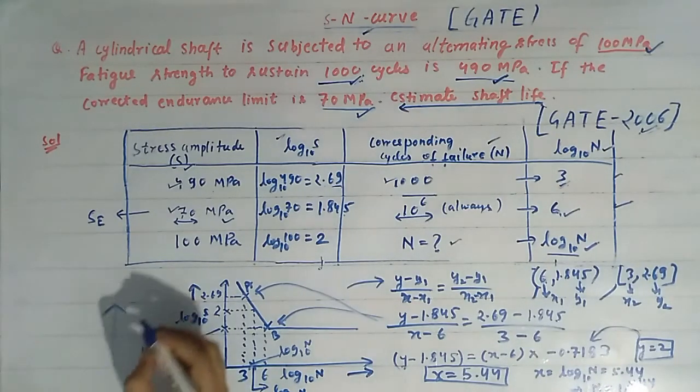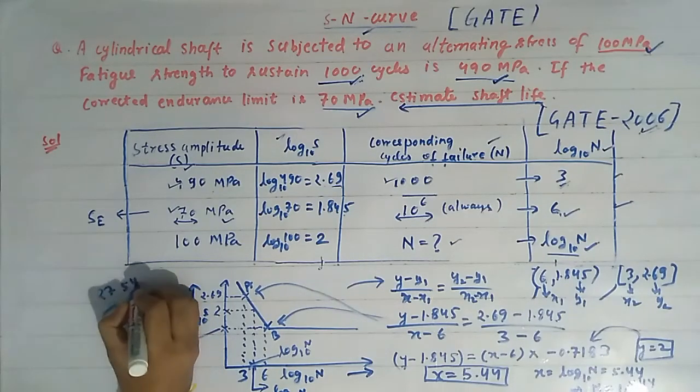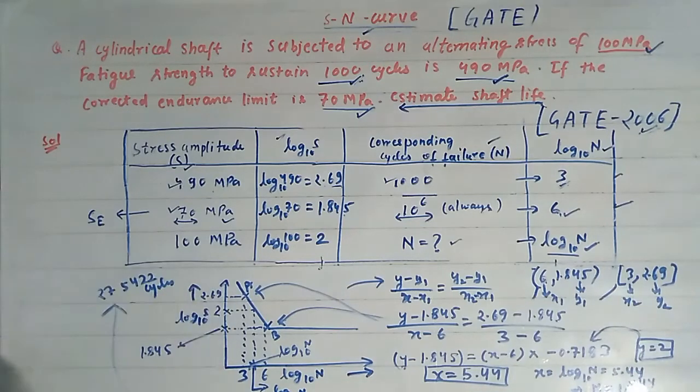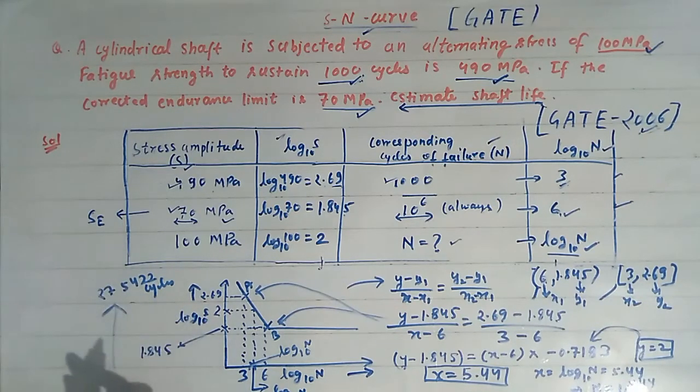So the value of n will come out to be 275422 cycles. So this is the number of cycles that we have calculated.